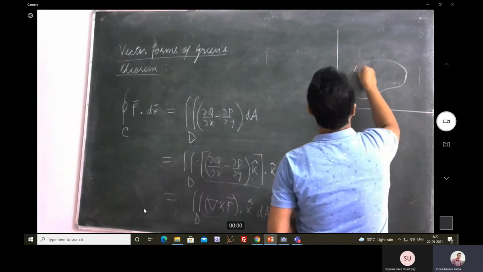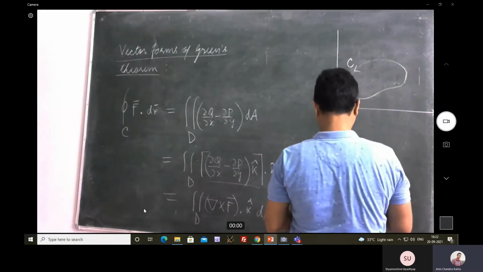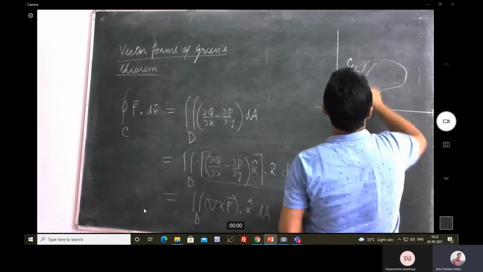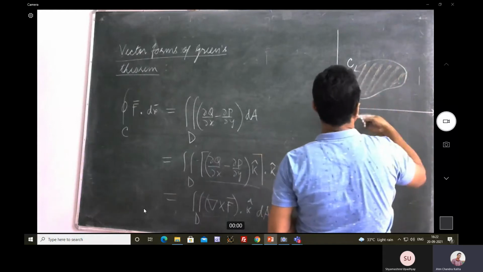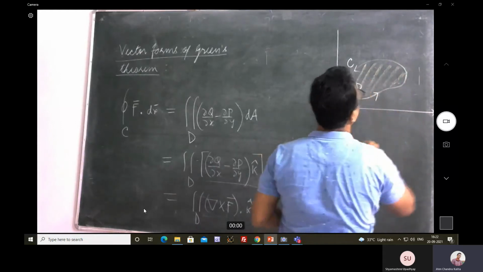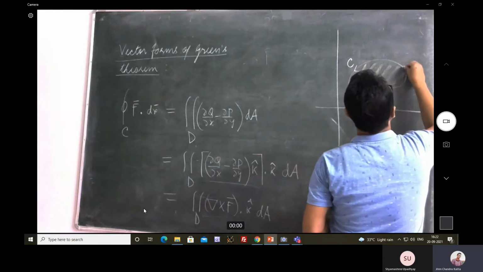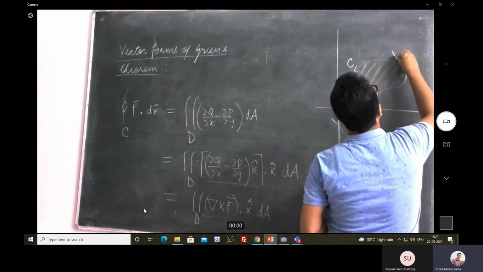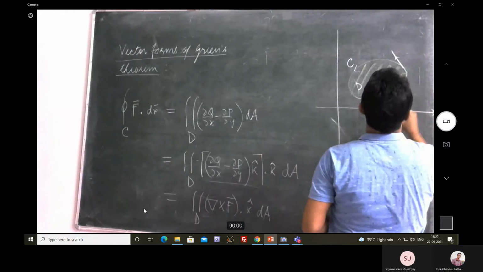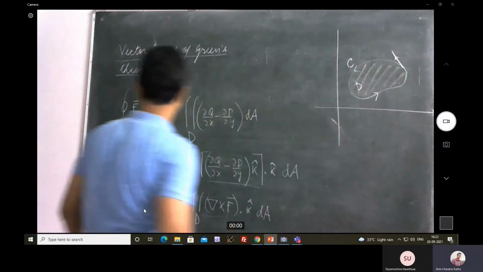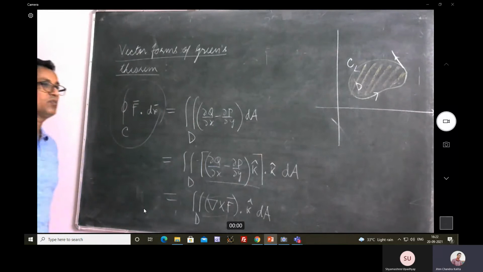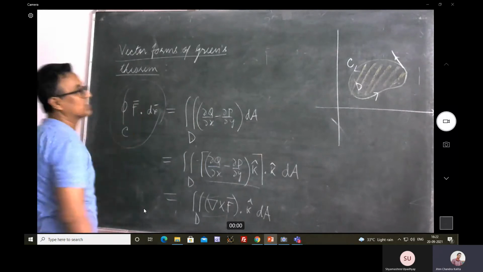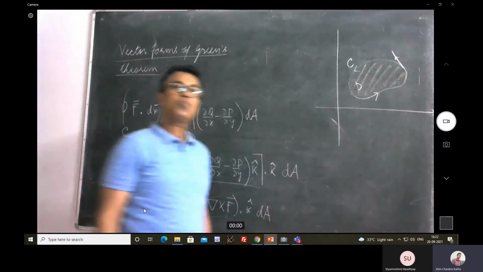Say suppose this is my curve C, and suppose this is the region bounded by C. Let us consider a point here. Now you can see that this one, if you recall, has been considered along the direction of r.